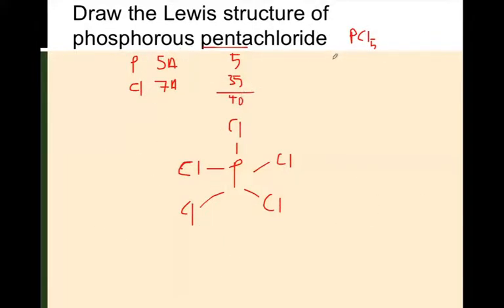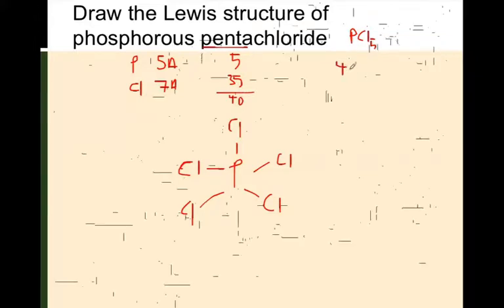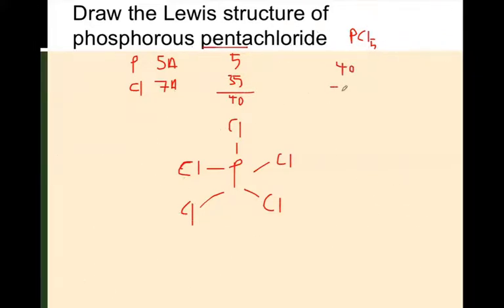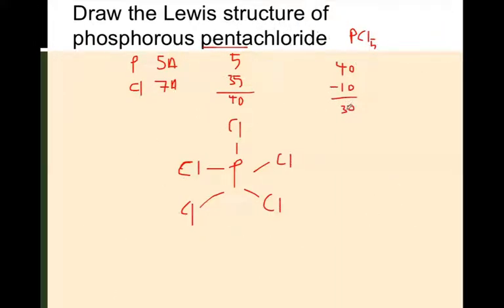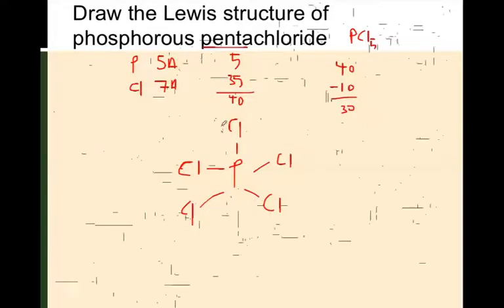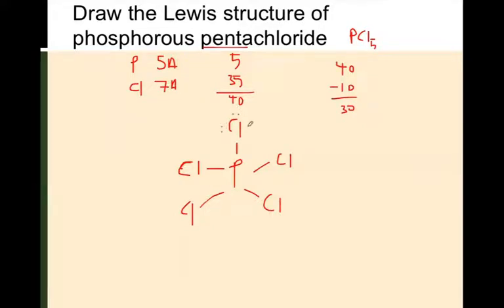Then we have 5 bonds, so 40 minus 10, since it's 2 electrons per bond pair, gives us 30 electrons. Then we distribute the lone pairs. On each of the chlorines there will be 6. There are thankfully 5 chlorines, so 5 times 6 gives us 30.